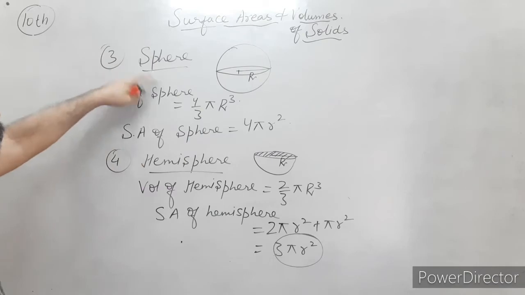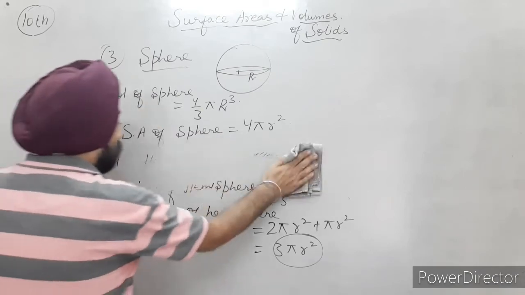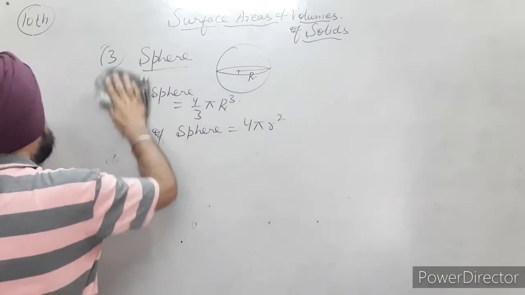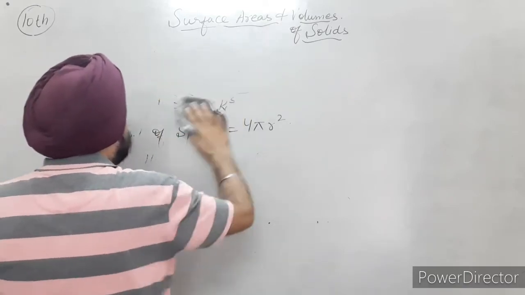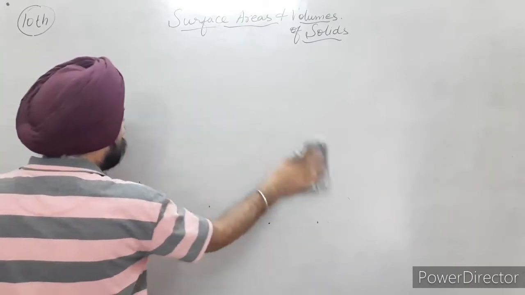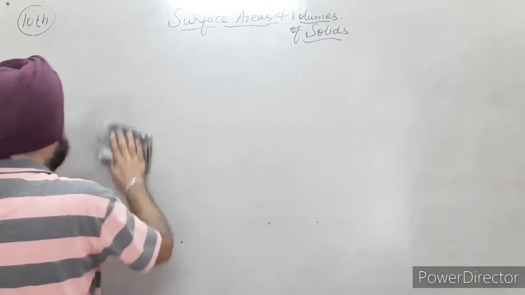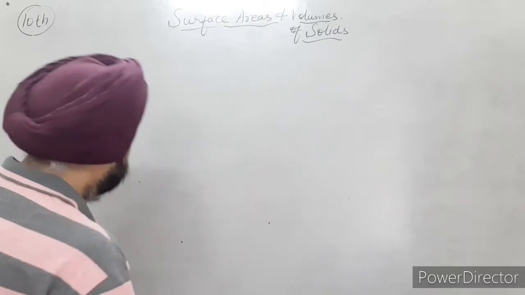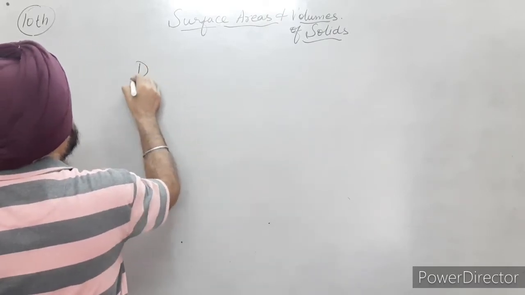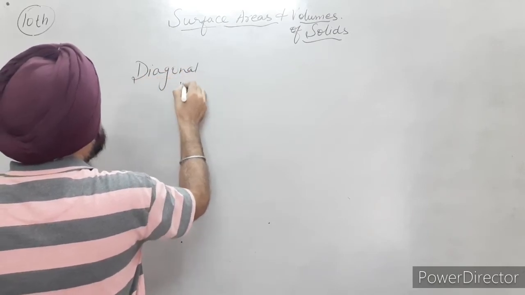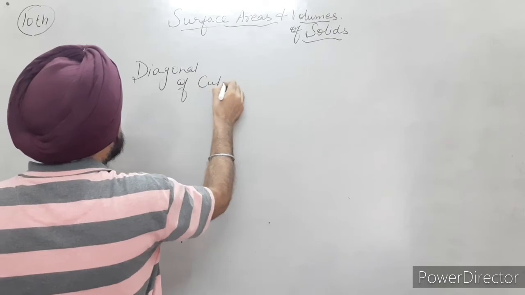Now the next solid which will be considered in this chapter is cylinder. One more thing I left out: the diagonal of cuboid.